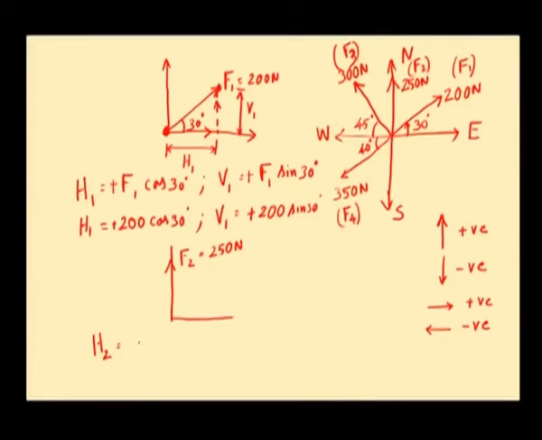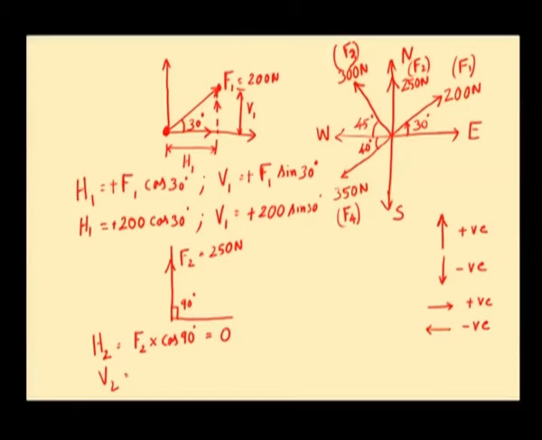So, horizontal component of F2 will be F2 into cos of theta. Theta here is 90 degree, since the force F2 is acting in the vertical direction. So, if you substitute theta as 90 degree, H2 will be F2 cos 90 degree, which will be 0.